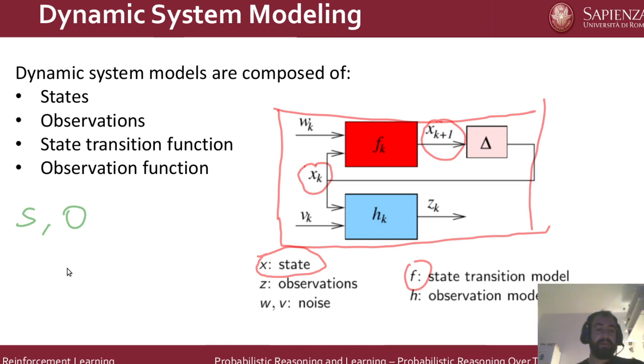Then we have a state transition function, which in reinforcement learning is typically noted as T, and an observation function that again you don't really have in reinforcement learning because the state and the observation coincide.